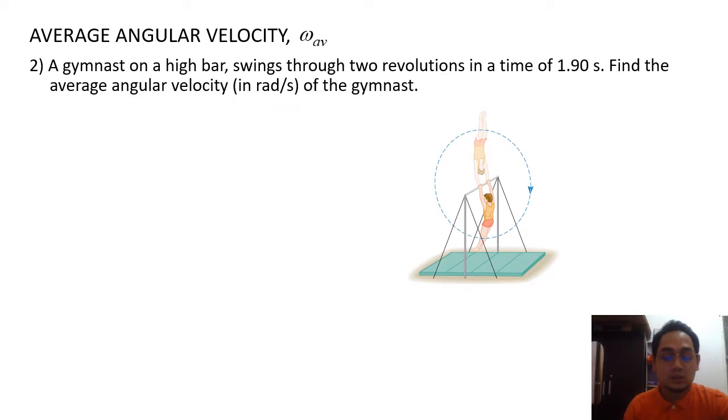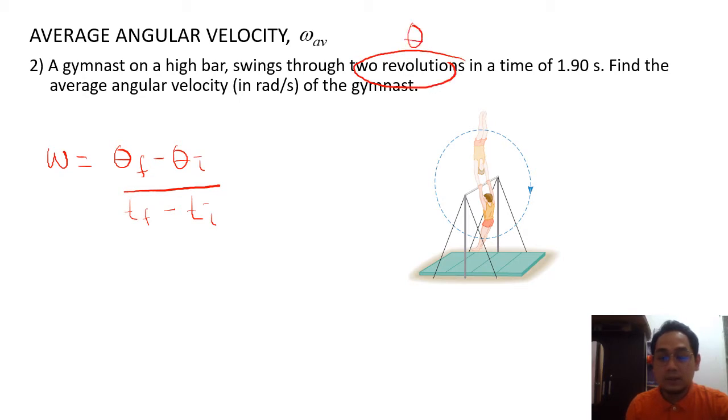The formula for average angular velocity is omega equal to theta final minus theta initial over time final minus time initial. So you have been given here 2 revolution, which is the value for theta, and 1.9 second, which is the value for time.